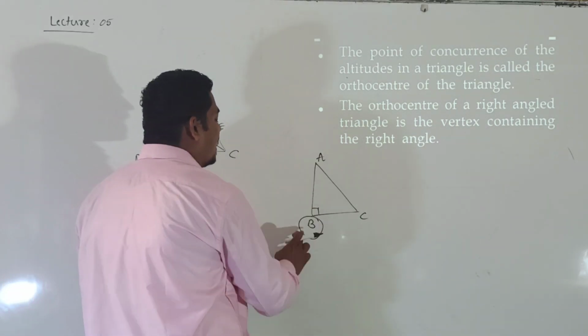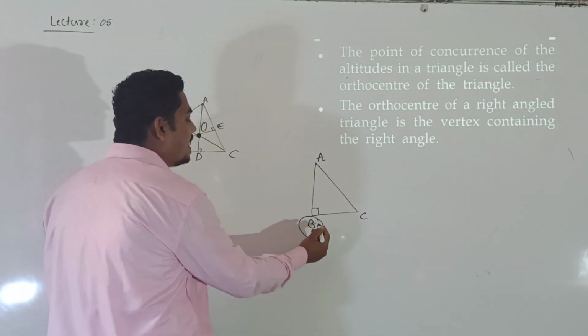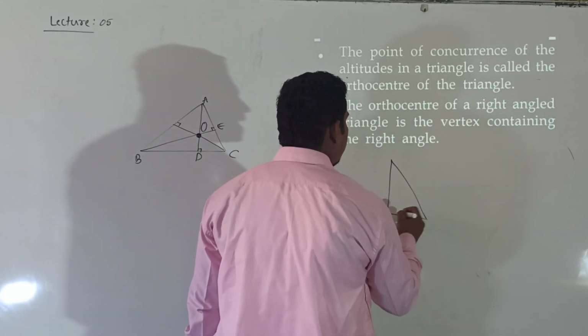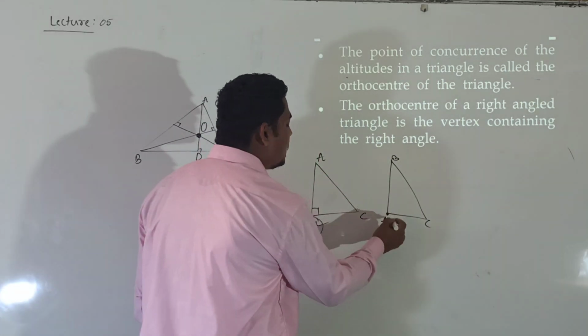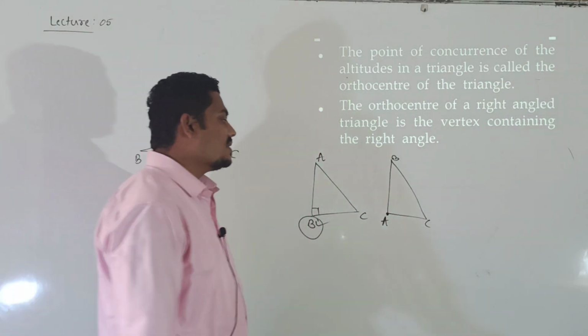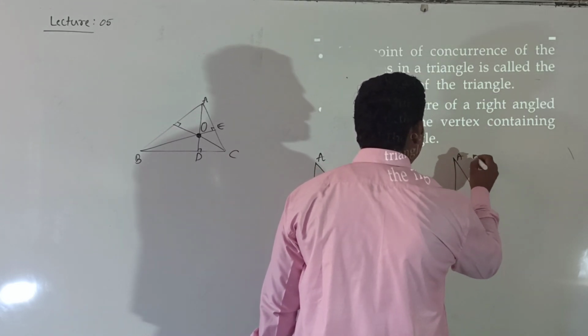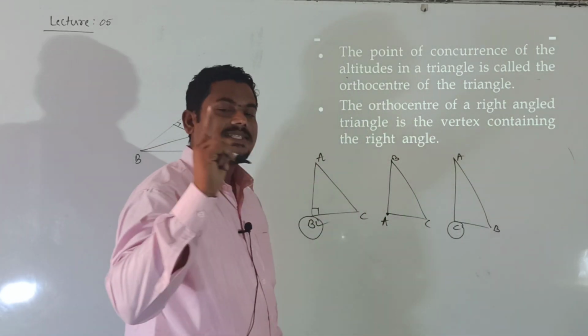Suppose the triangle is right angled at B, means angle B is 90 degrees, then B is the orthocenter. Suppose angle A is 90 degrees, then the orthocenter is vertex A. Suppose angle C is 90 degrees, then the right angled vertex is the orthocenter.